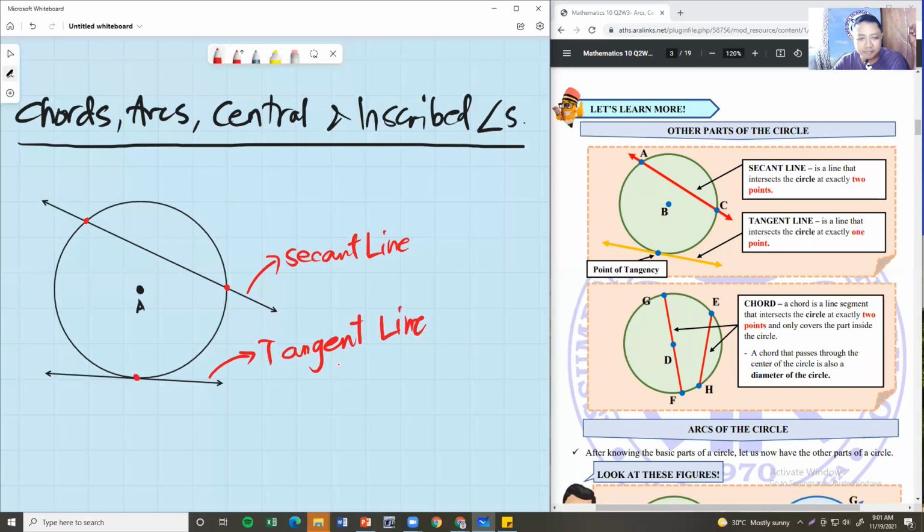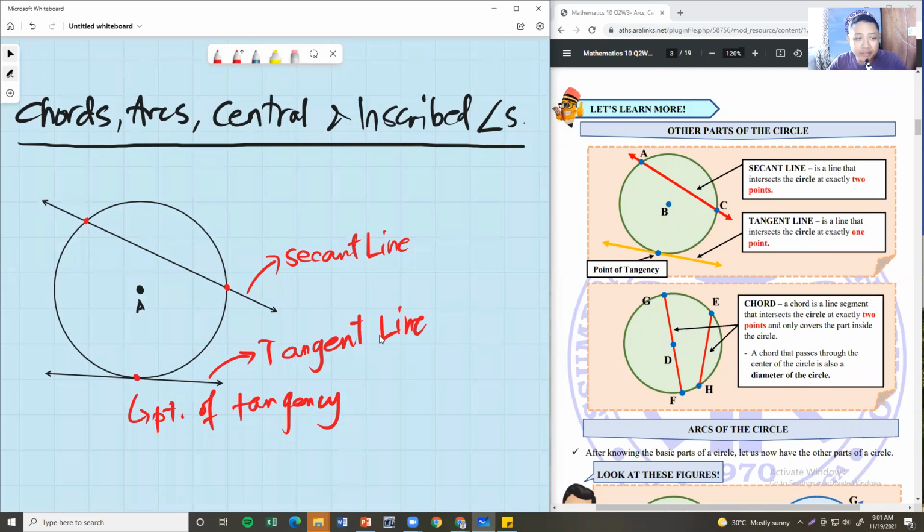If that's the tangent line, this point of intersection is the point of tangency. Only the point of intersection of the tangent line and the circle is called the point of tangency.